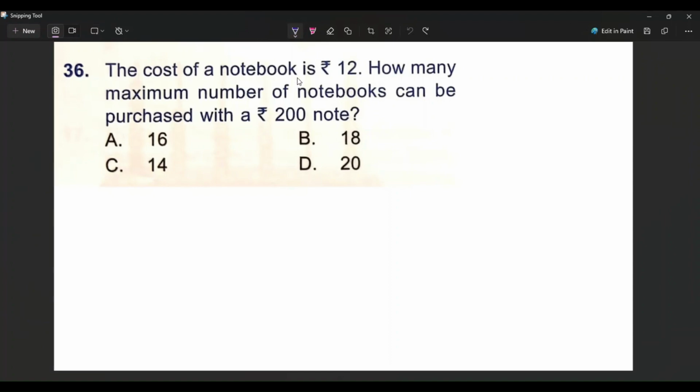36th question. The cost of a notebook is rupees 12. How many maximum number of notebooks can be purchased with a 200 rupees note? So let's write one notebook is equal to rupees 12. So total amount of money given is equal to rupees 200.